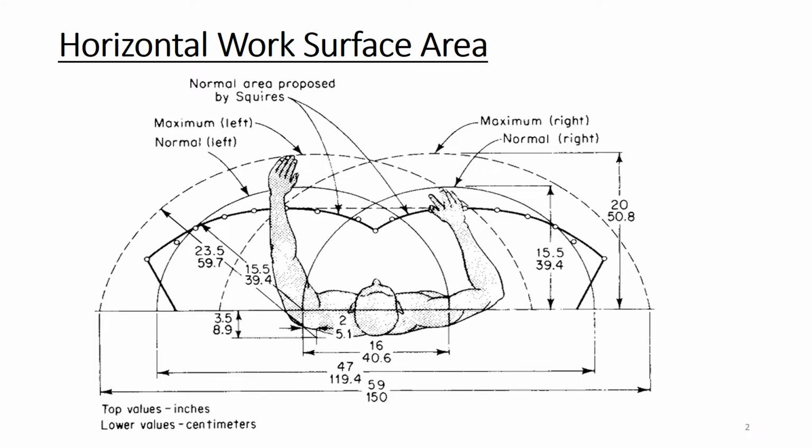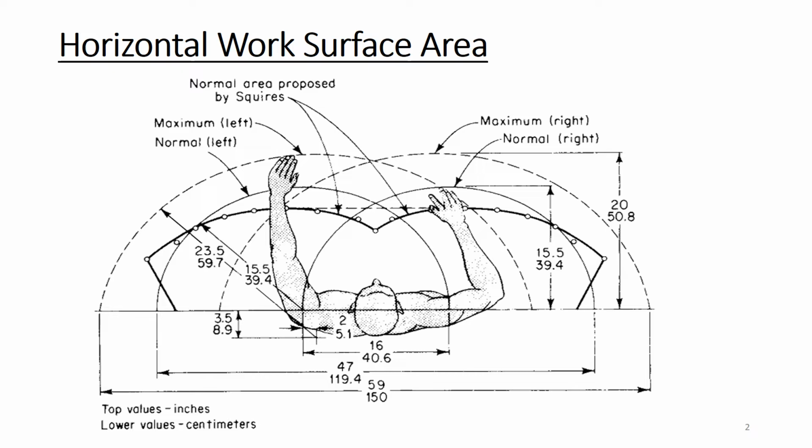So here we will look into horizontal work surface area. As you see in this figure, it shows the different areas of reach for an individual who is working on a horizontal work surface. If you clearly look at this figure, two main areas are of most importance.